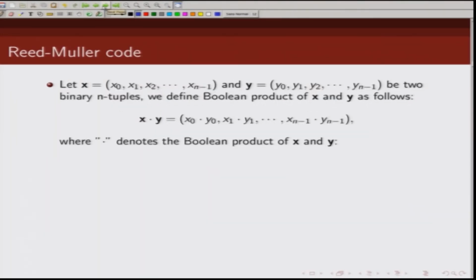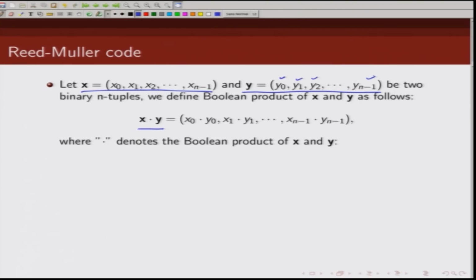Next, we define a Boolean product. How do we define a Boolean product? Let us say we have two n tuples x and y. I am denoting x by x0, x1, x2, x3, up to xn minus 1. Similarly, denoting y by y0, y1, y2, up to yn minus 1.